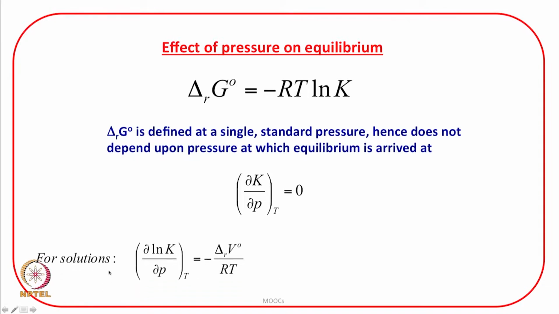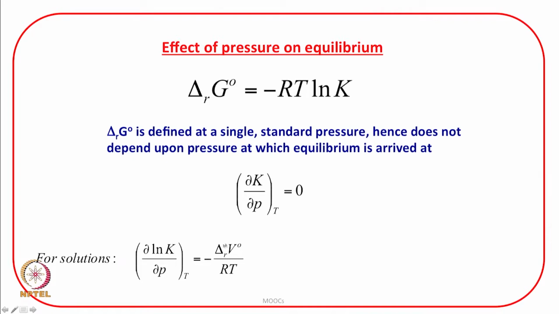For solutions, it can be shown that d log K by dP at constant T is minus delta R V naught by RT, where delta R V naught is the standard reaction volume. That means, the change in standard volume of products and reactants at equilibrium.